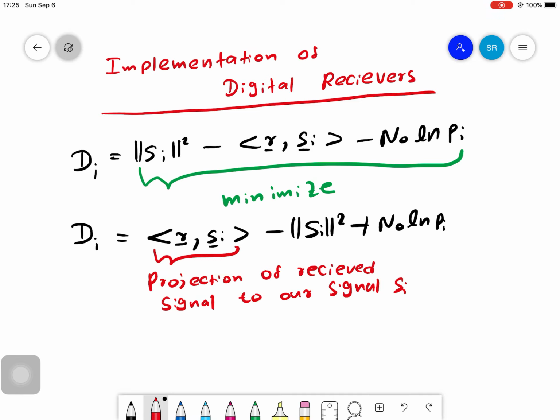It means we have a signal s_i on our constellation diagram, and this is a projection of our received signal onto that signal.